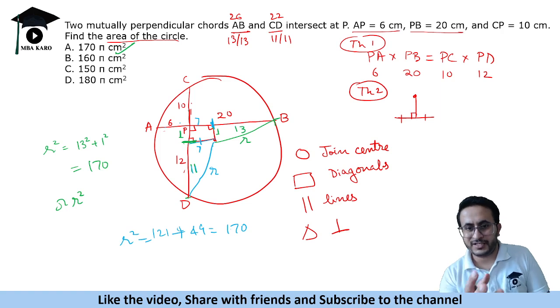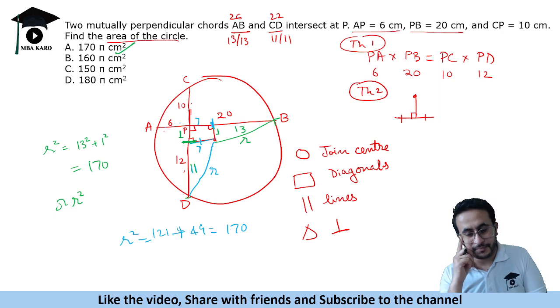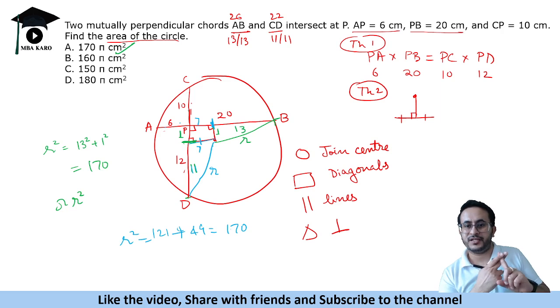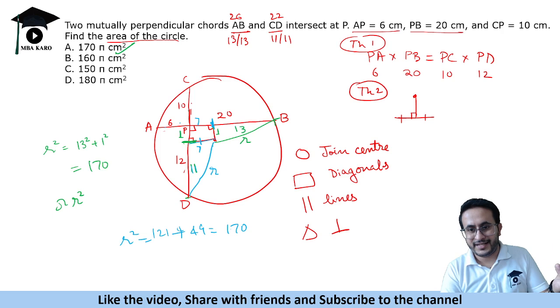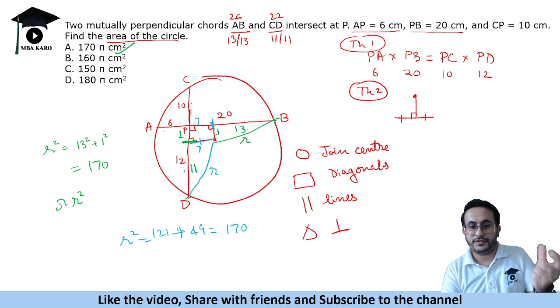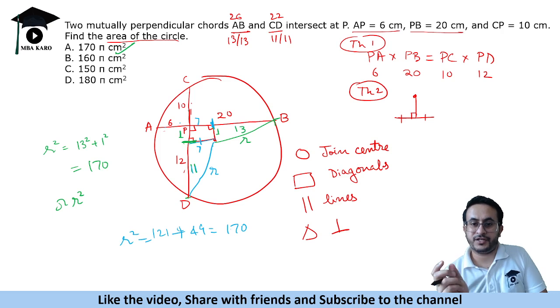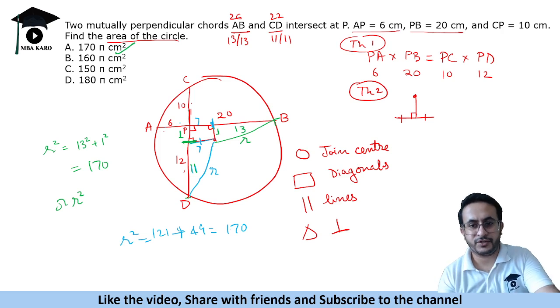So even in circles, you have the Pythagoras theorem, which is applied in two cases. One is that if you have a diameter, then the triangle is a right angle triangle. Also when you have a chord, remember, whenever there is a chord, the line from the center bisects the chord and is perpendicular to that chord.